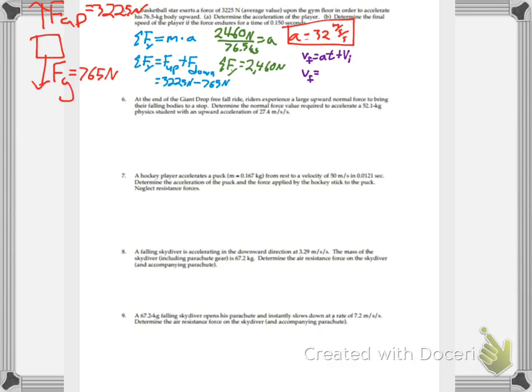We have an acceleration of 32 meters per second squared, and it gives us a time of 1.5 seconds. So we're given a time. His initial velocity is 0, so if we multiply 32 by 1.5, we'll get a final velocity of 48 meters per second.